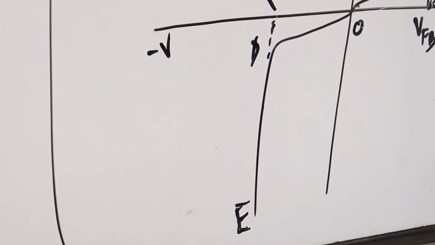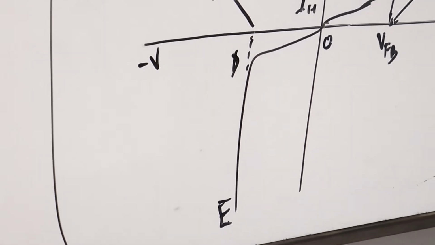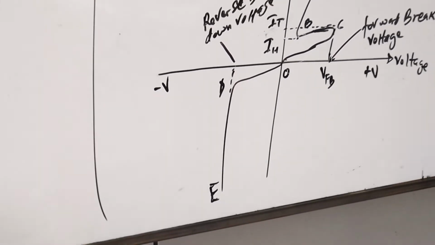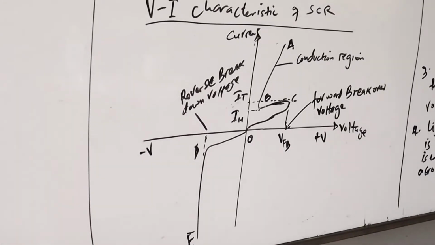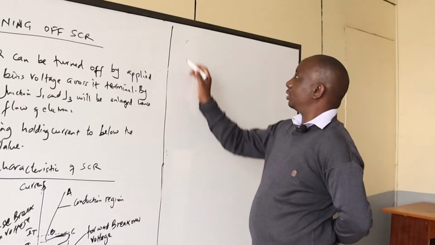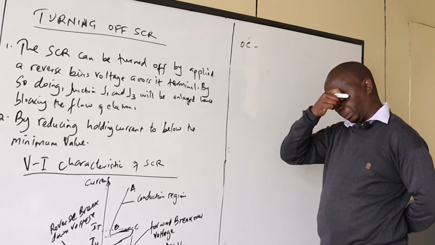So we're going to give this in terms of details and terms of the different points and how it can be explained well. So we can start at point OC.